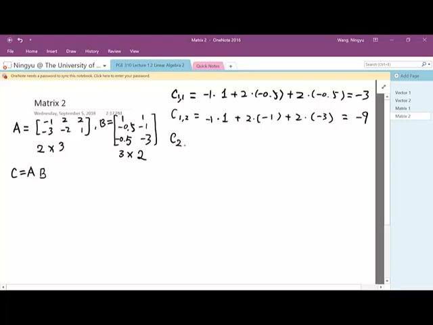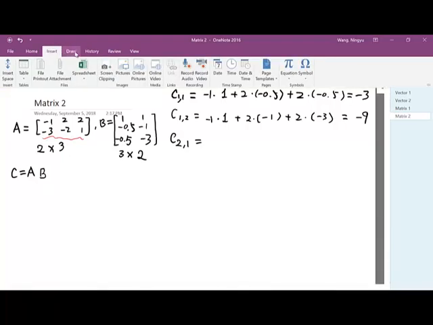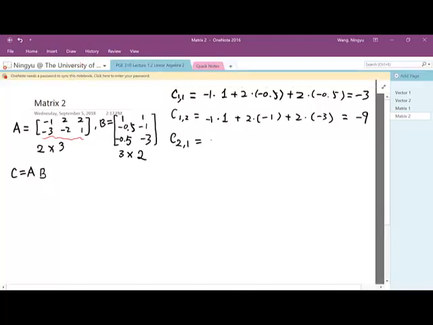Then let's go to the next row. In the next row, we multiply the second row of A to each column of B. So what is the first element in the second row? What is A21? Minus 3.